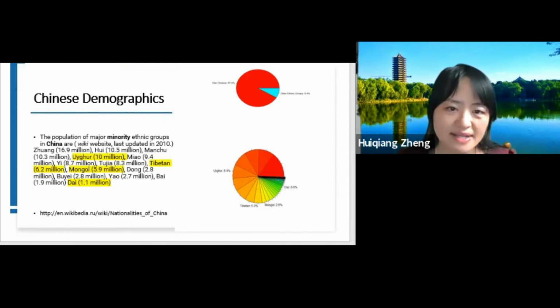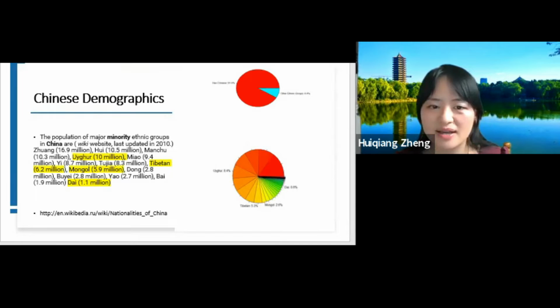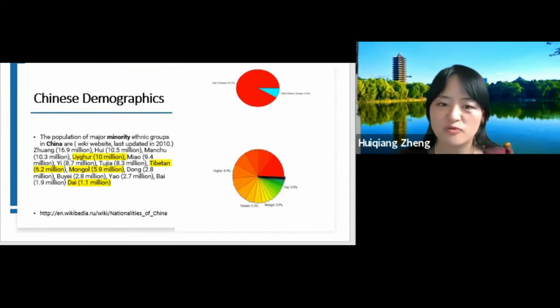Like Zhuang is 16.9 million, and the Uyghur we are going to talk about today is 10 million. And the Tibetan is 6.2 million. The percentage of Uyghur population is 8.4%, and the population for Tibetan is 6.2 million.